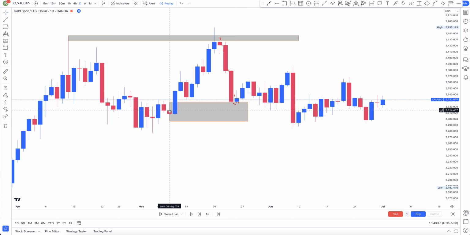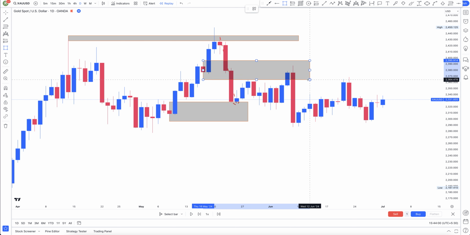When price got into the demand zone, I entered from here. Price reversed a little, then went up again, then I took my profit at this point, depending on what I was seeing here.